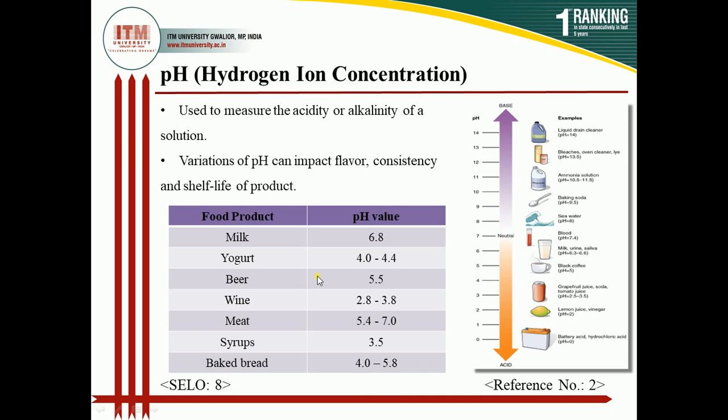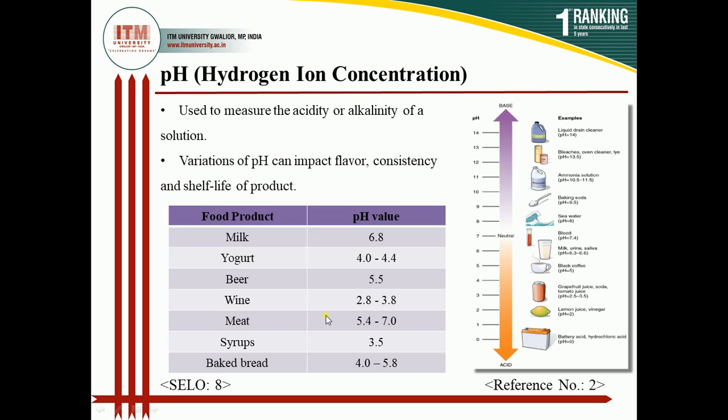In fruit making, the pH of sugar extract and the juice are also checked at the time of purification and refining. The pH of beer is around 5.5.